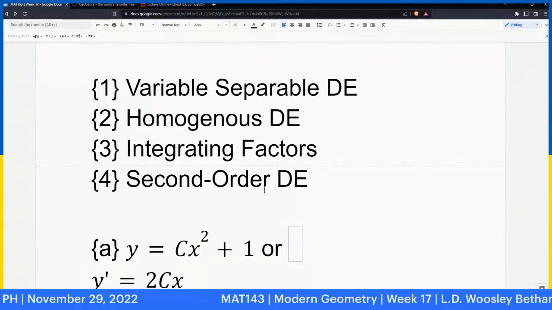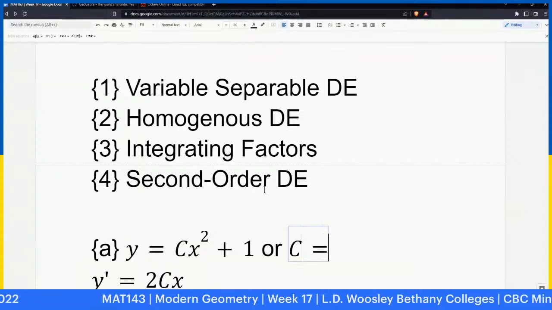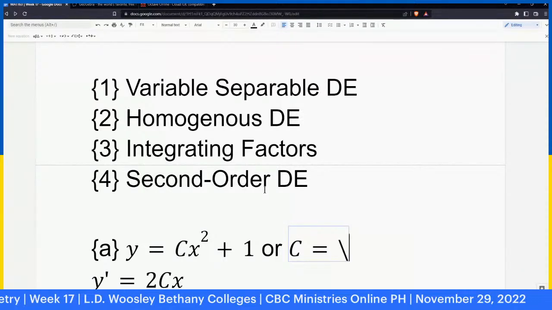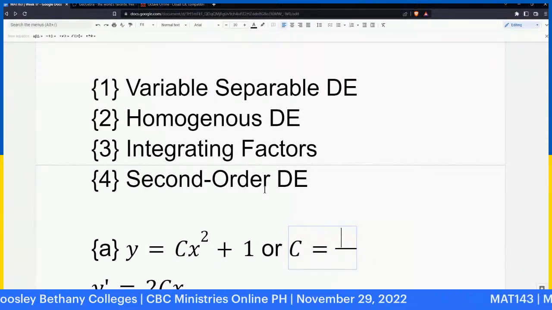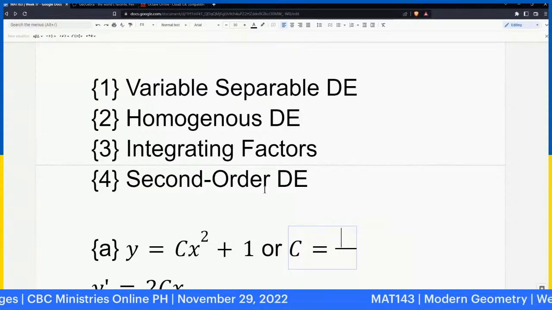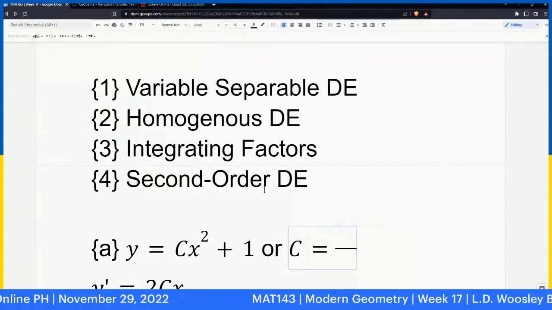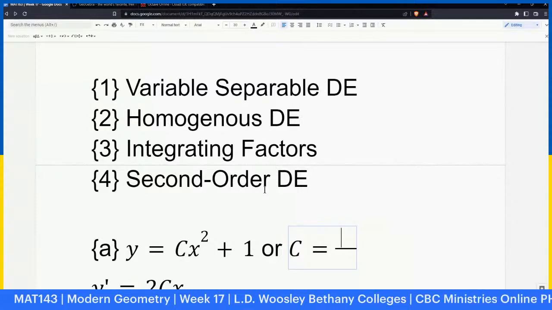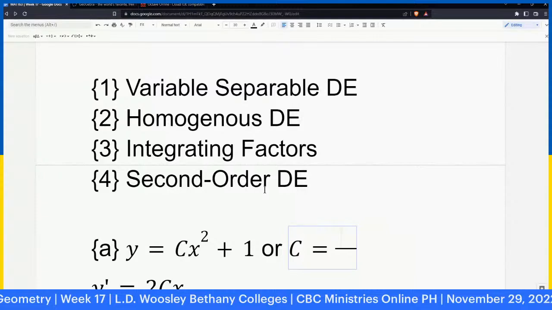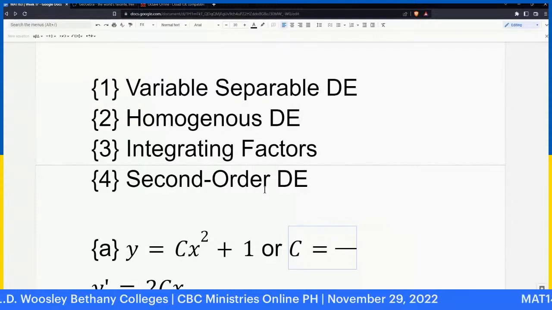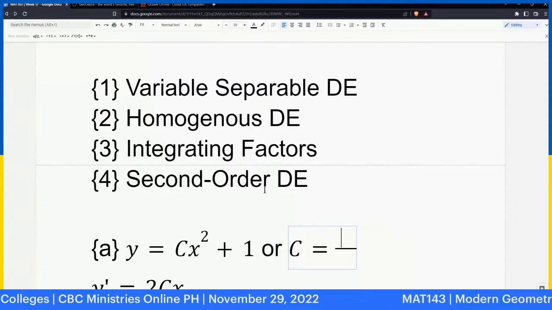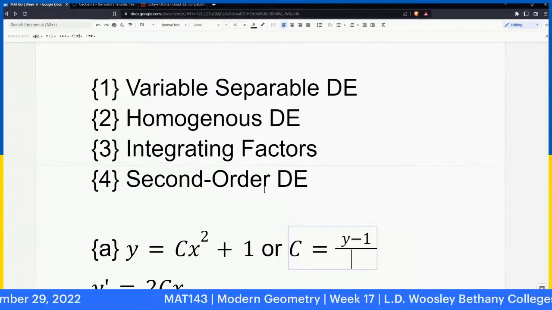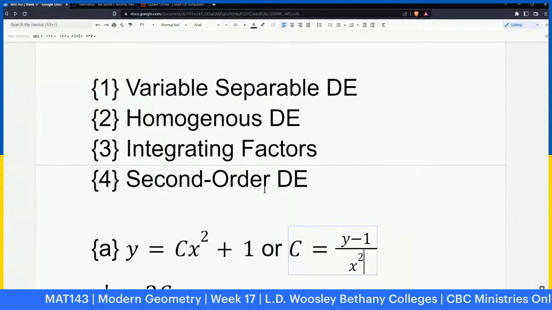Michaela, what is c? C is equal to y minus 1 all over x squared.